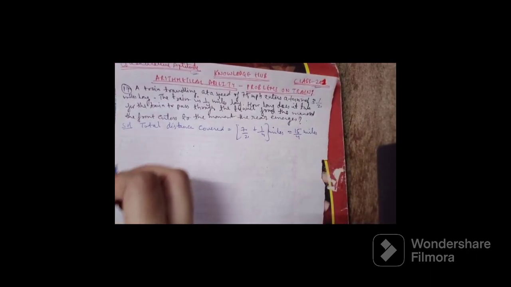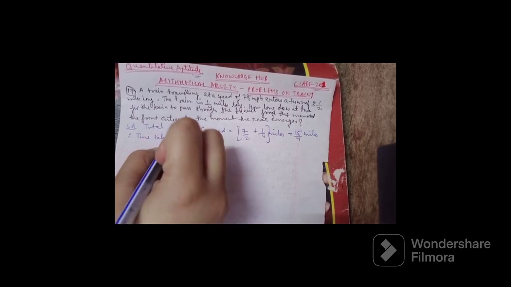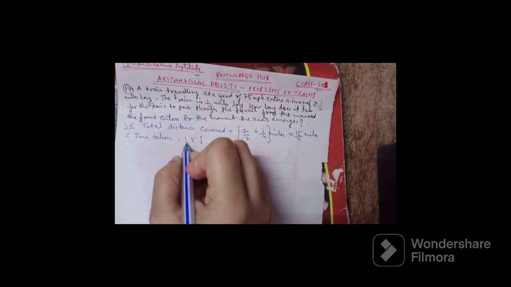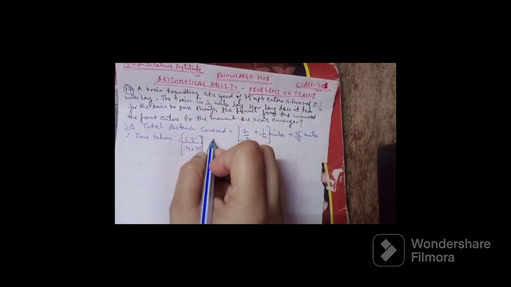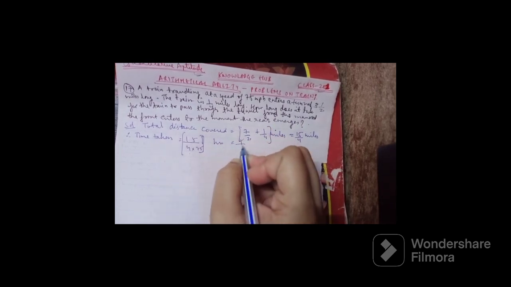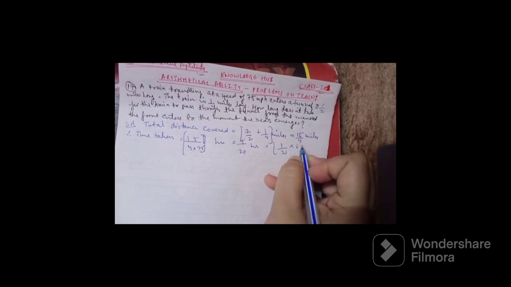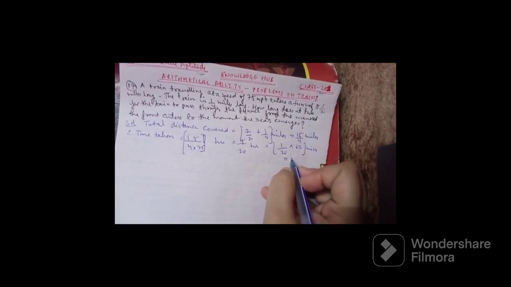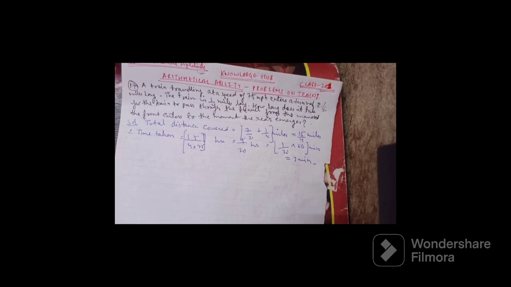So time taken equals 15 upon 4 into 75 hours, which equals 1 by 20 hours, and that is 1 upon 20 into 60 minutes, which will give you 3 minutes. That will be the answer here. So the time taken is 3 minutes.